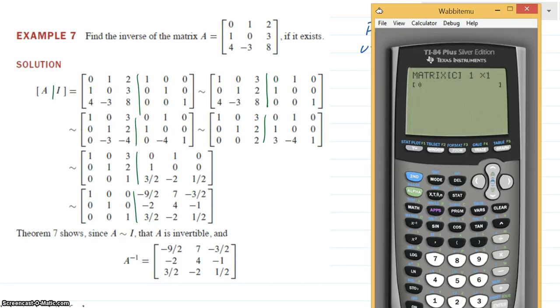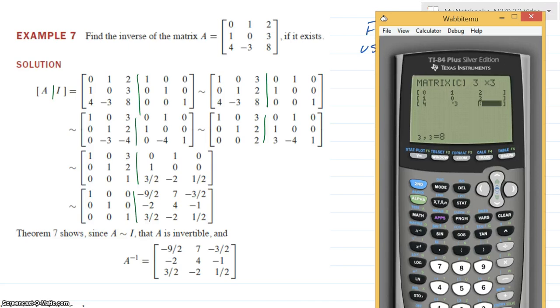And we're going to make this a 3 by 3. I'm going to press enter, and then type in these values, making sure I press enter after each entry and making sure that the 3 is a negative, not a minus.